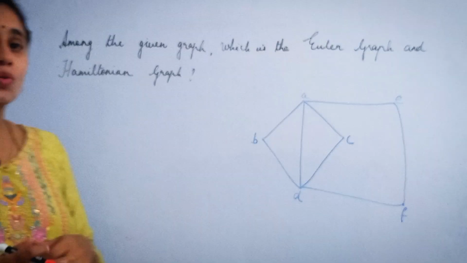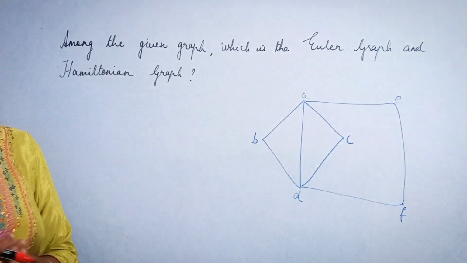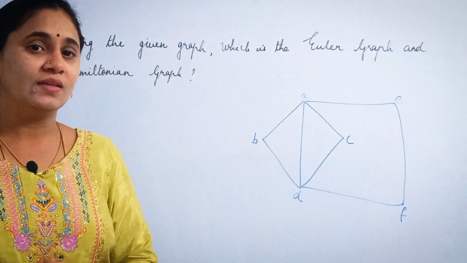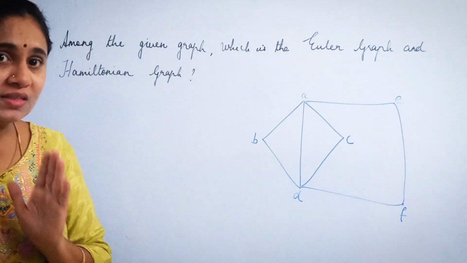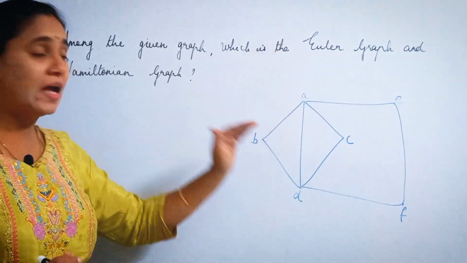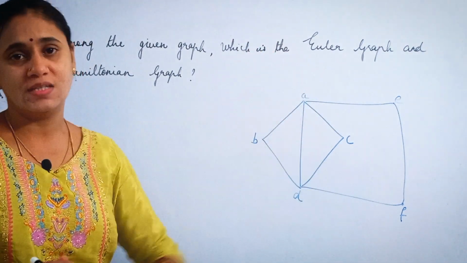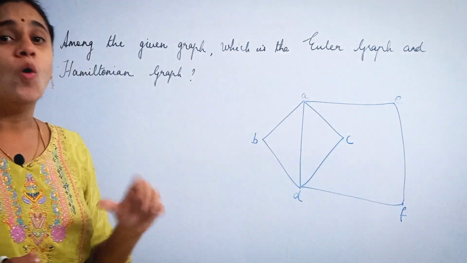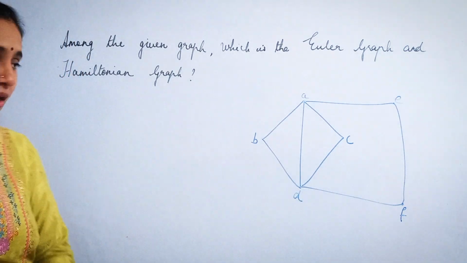That is the meaning. I also told you a shortcut for finding the Euler graph. What is it? Can you guess? Instead of traversing all the edges from source to destination, you can count the degree of each and every vertex.